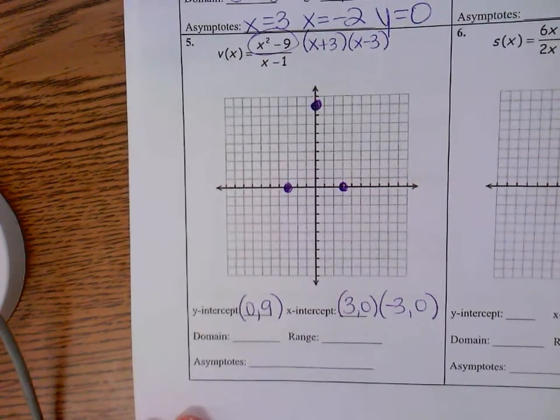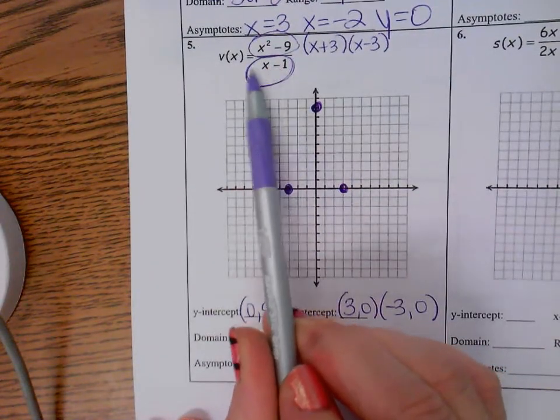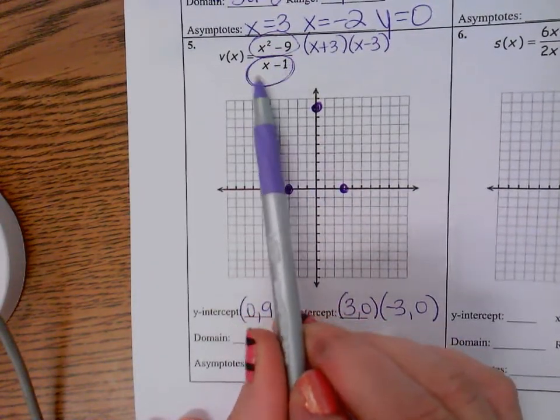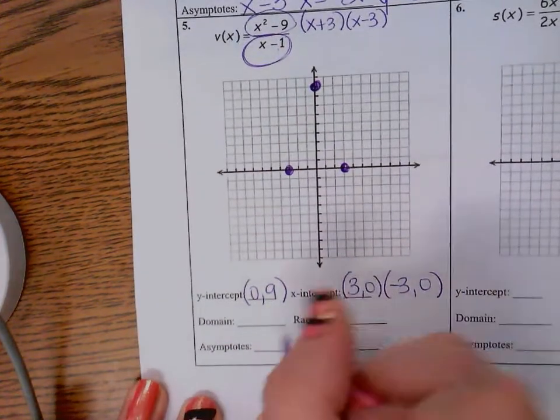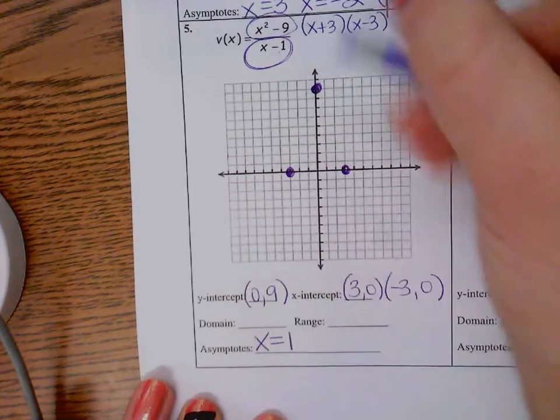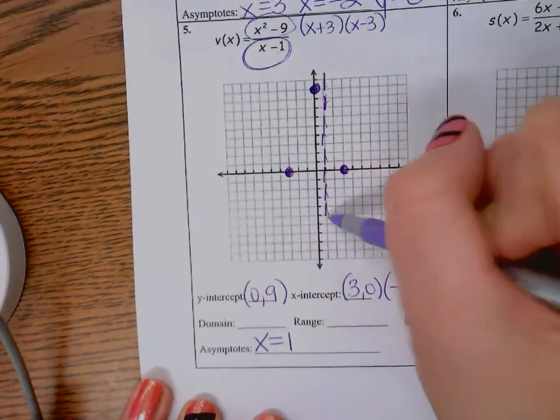What's my vertical asymptote? So now I just tunnel vision and look at my denominator. So what would be the bad x value when x is 1, right? So my asymptote is x equals 1. So that will be a vertical line at x equals positive 1.